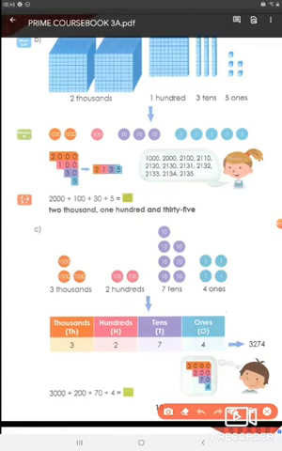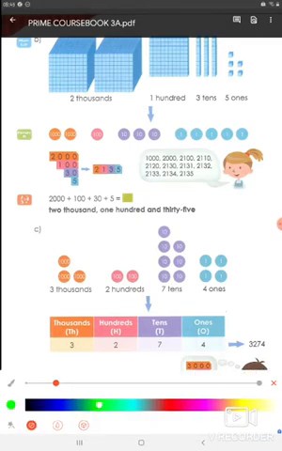We can also count them. See? So you count it like this. 1,000, 2,000, 2,100, 2,110, 2,120, 2,130, 2,131, 2,132, 2,133, 2,134, 2,135.